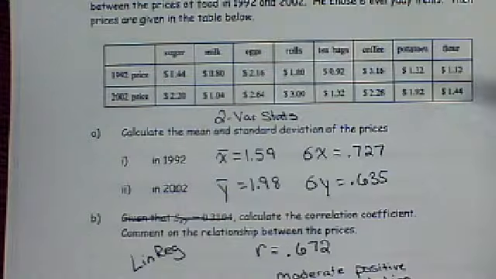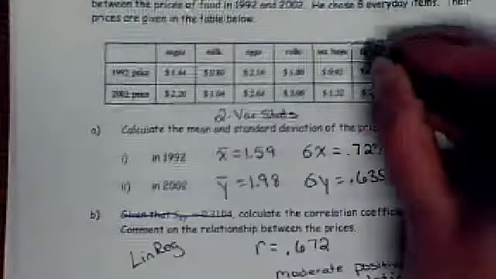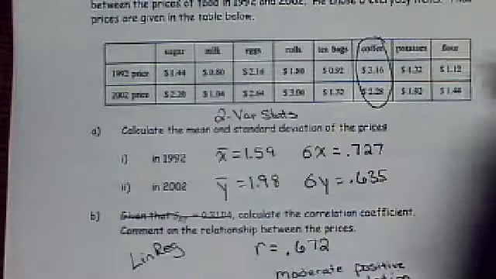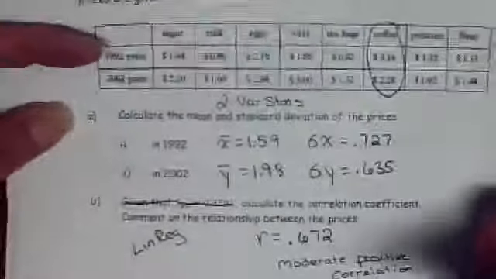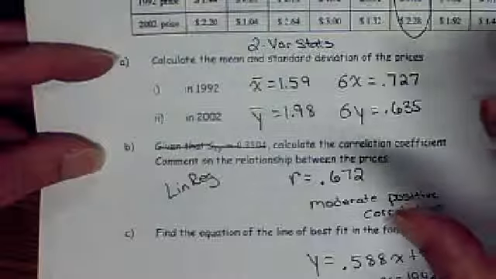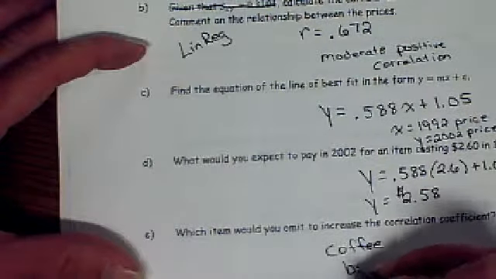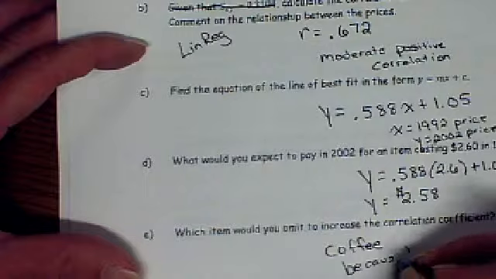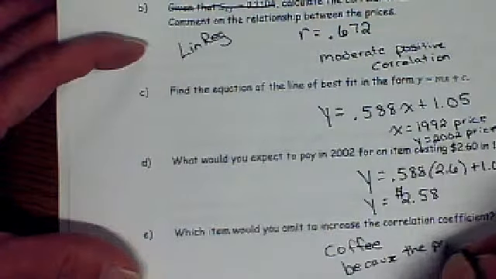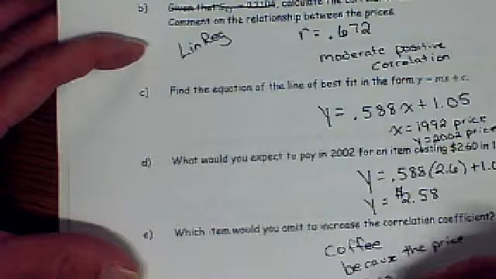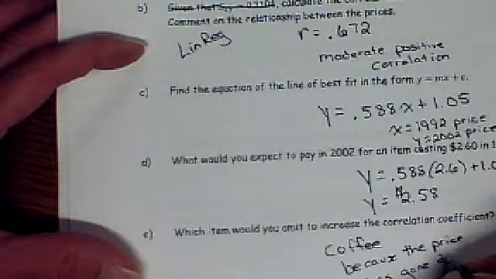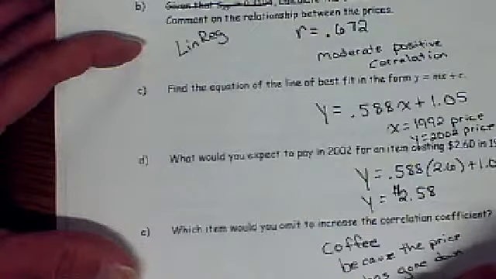Ooh, what about coffee? The coffee has actually gone down in price over the years. So wouldn't that be one that kind of changes our line of best fit? So I would say coffee, because the price has gone down since 1992.